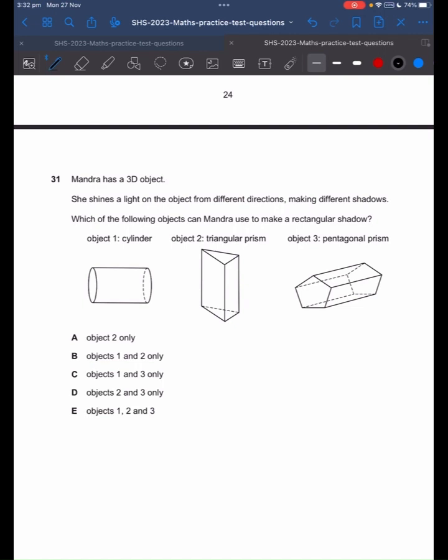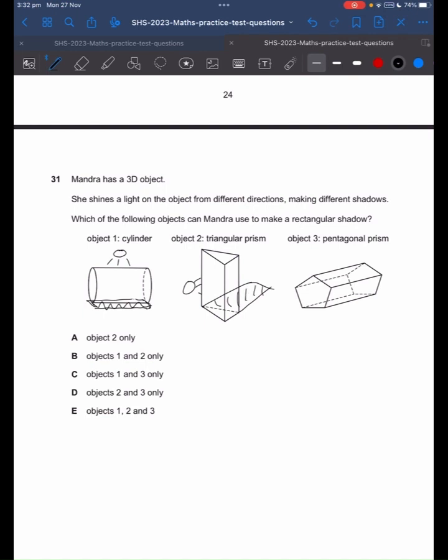For this cylinder, if we have a light on top shining down like this, it will make a rectangular shadow. For object 2, if we have a light shining somewhere from the side like this, it will cast a rectangular shadow as well.